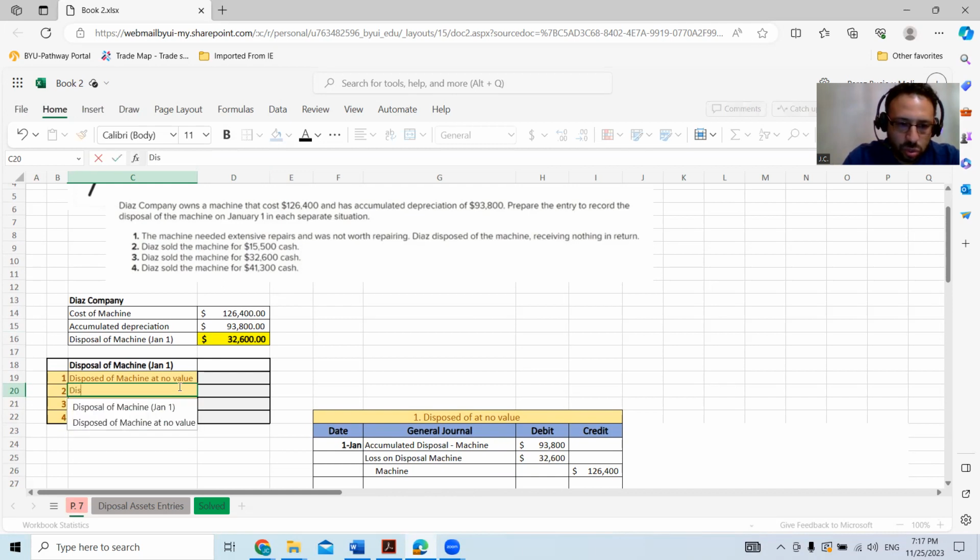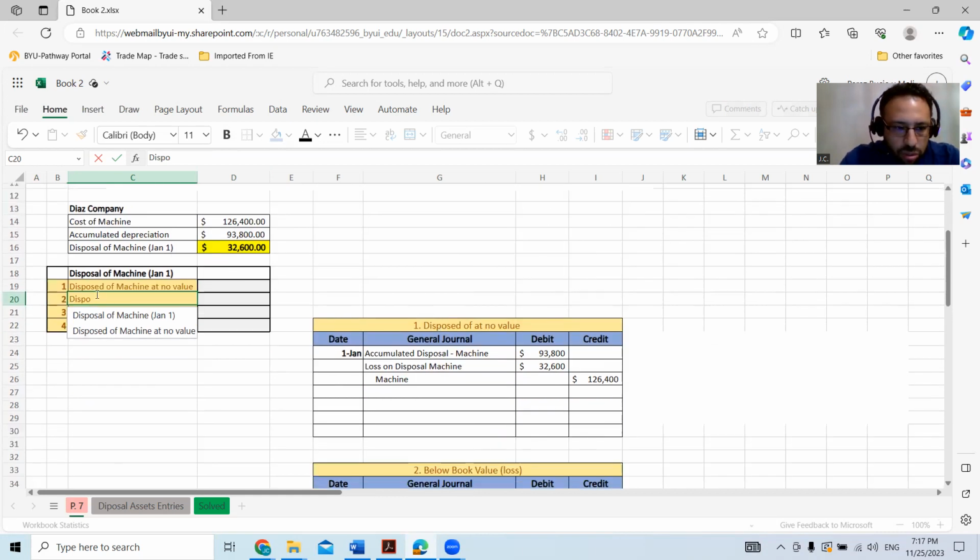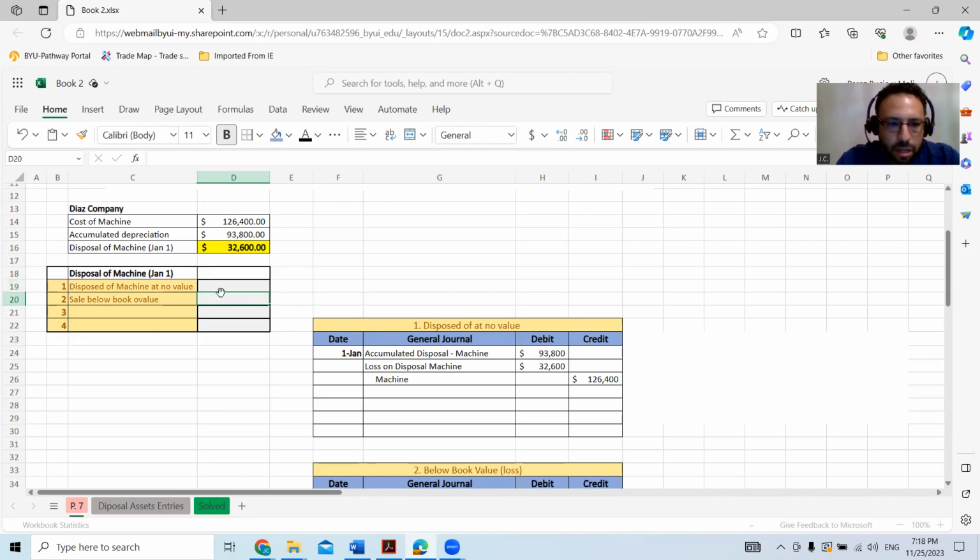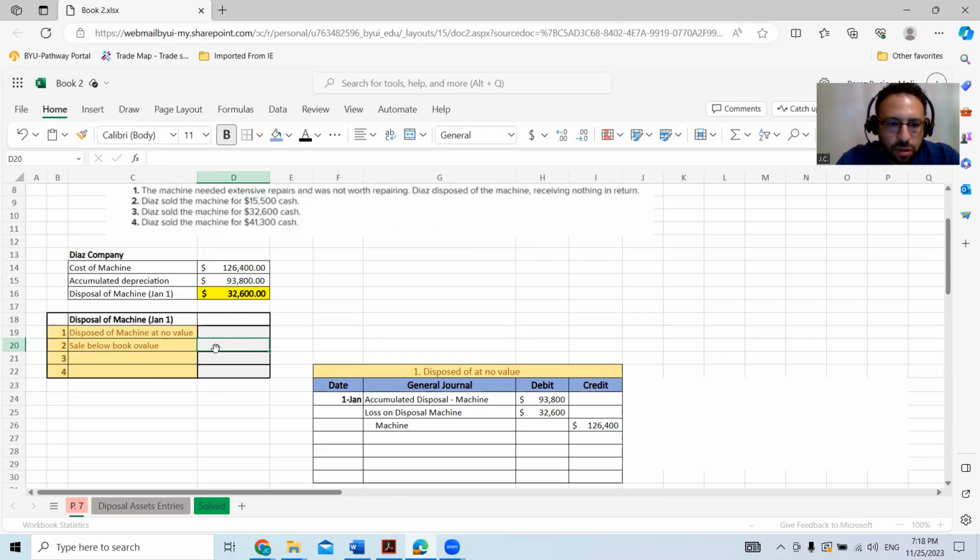How do we call this? We call this selling below book value. And so it's 15,500.